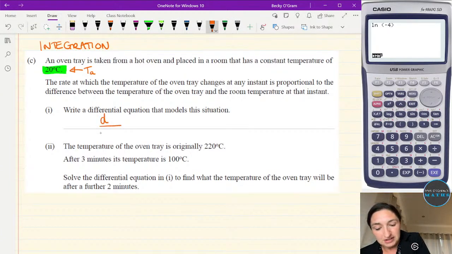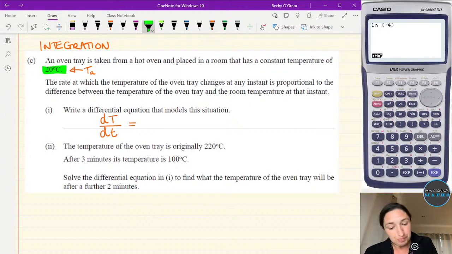So it's going to be d over d something. We're told the rate at which the temperature is changing, so I'm going to call that a capital T. And that is changing with respect to time, which always gets a little t. Now that is equal to, knowing that it is proportional, means it's equal to a constant times something. And the thing that's being multiplied by is the thing it's proportional to.